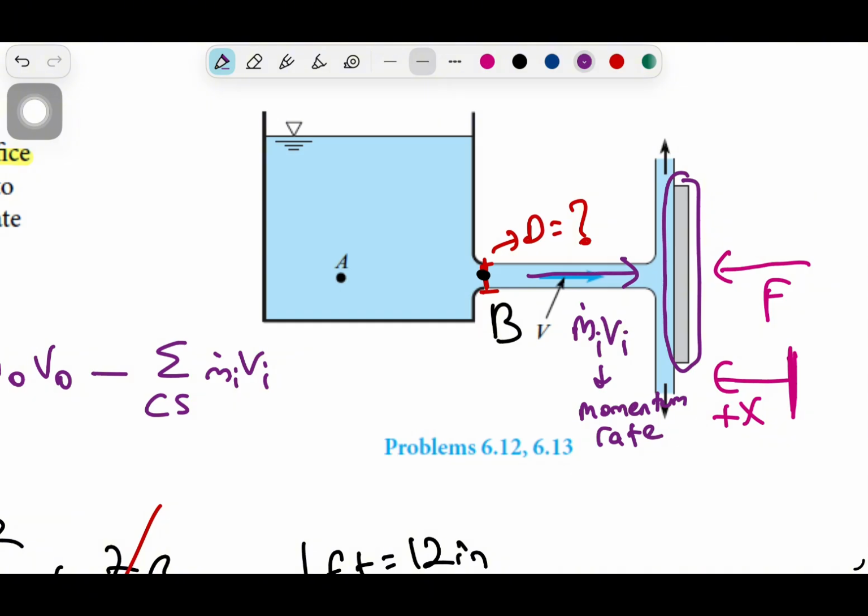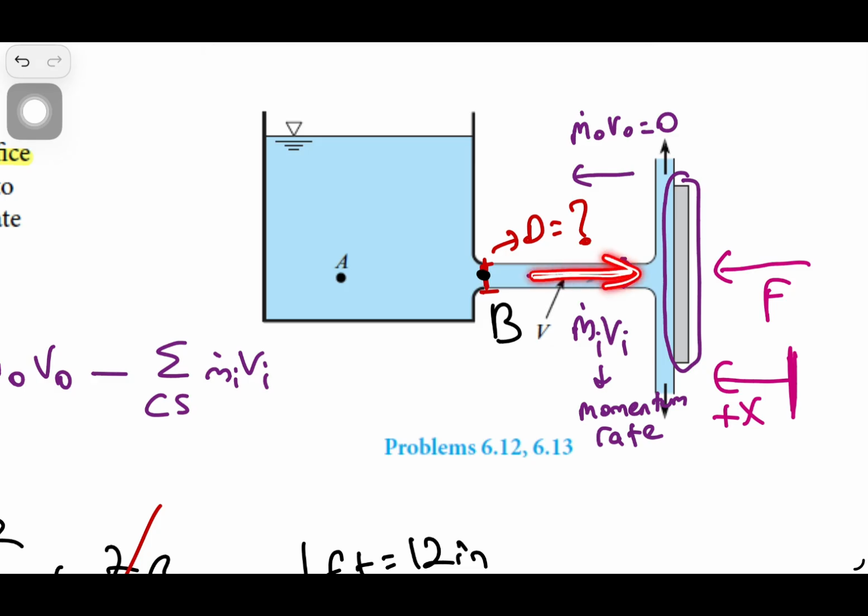And we don't have any momentum rate as outflow, because we only have this coming flow as inflow, and we have this force, but we don't have any outflow, so it will be 0.